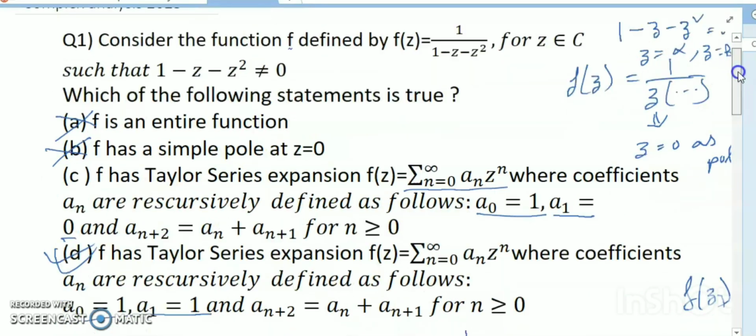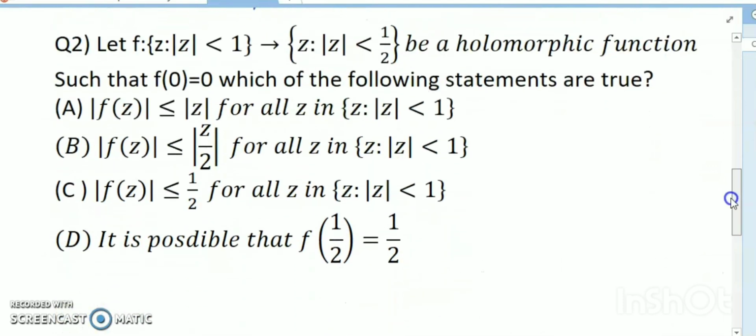Next I will go to the next problem. The next problem is based on the Schwarz theorem. Okay, Schwarz theorem. I believe everyone knows the Schwarz theorem, but again I will discuss it, because I have already discussed Schwarz lemma in my complex analysis video.